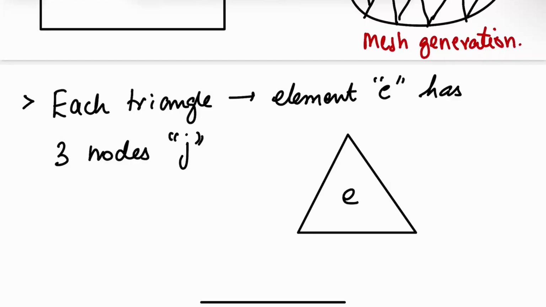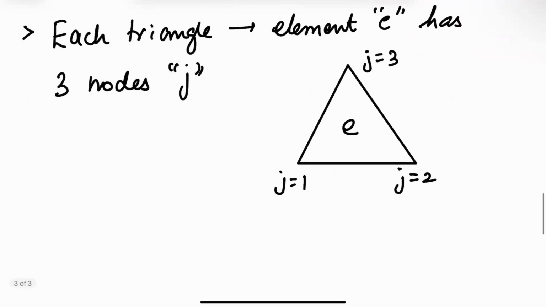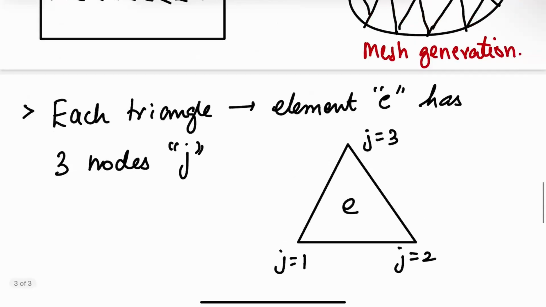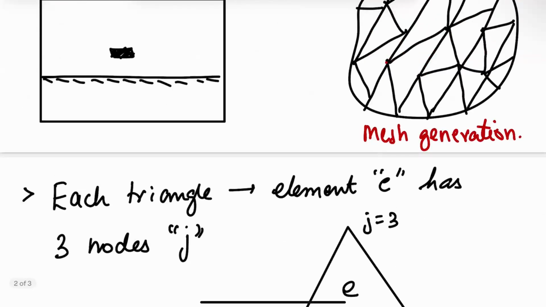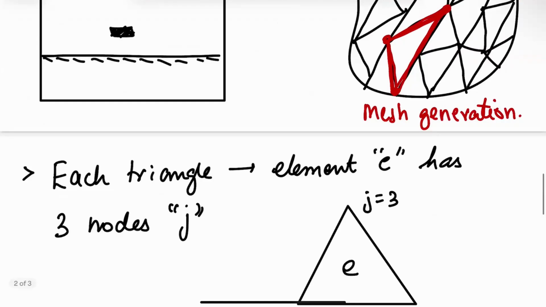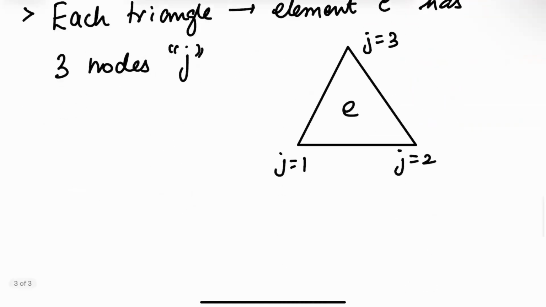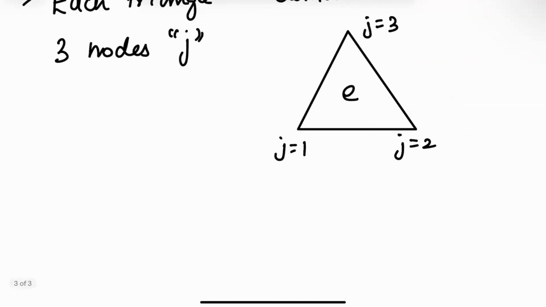I'll call this E, and this obviously has 3 nodes, J equal to 1, J equal to 2, and J equal to 3, right? So for example, this is one of the mesh elements, right? So this has 3 nodes, and some of the nodes, of course, are shared between different mesh elements. So most of the nodes are shared, right? So that's what we're labeling things as, okay?